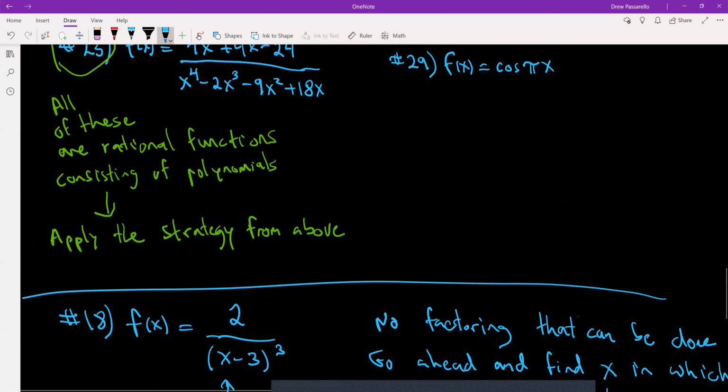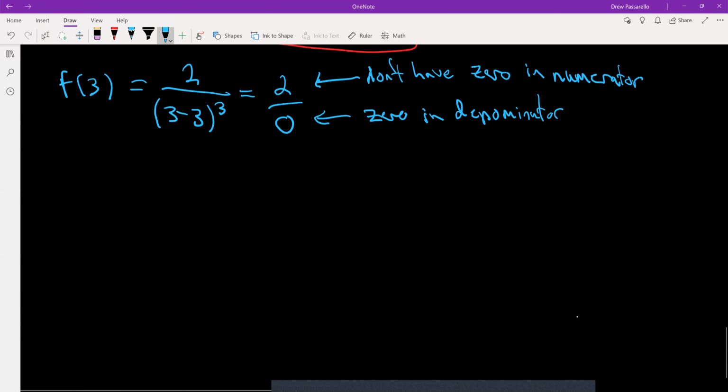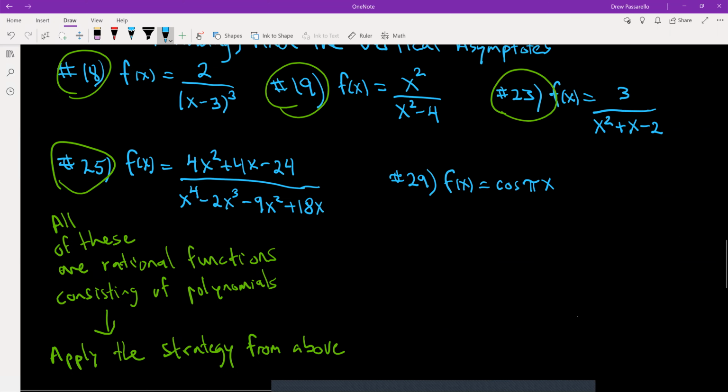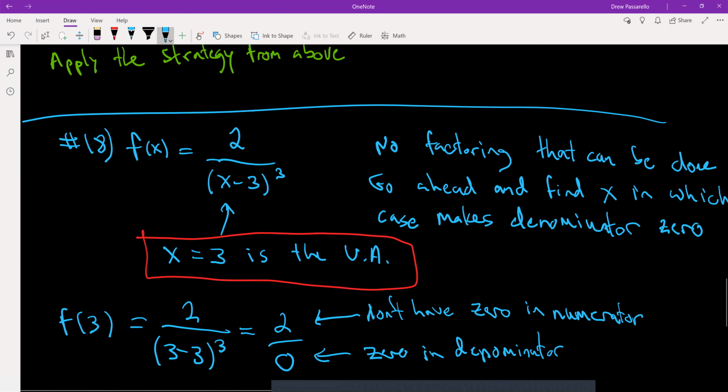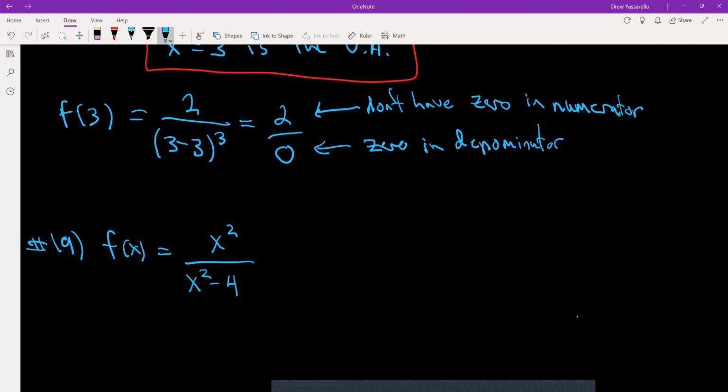All right, so the next one, 19. It's x squared over x squared minus 4. So I have a polynomial over a polynomial. So I'm going to see if I can factor, and I can factor the denominator. The numerator just stays as x squared.